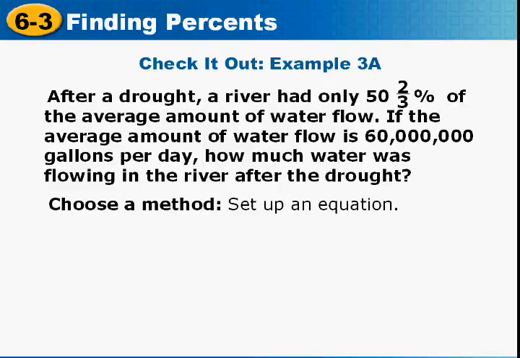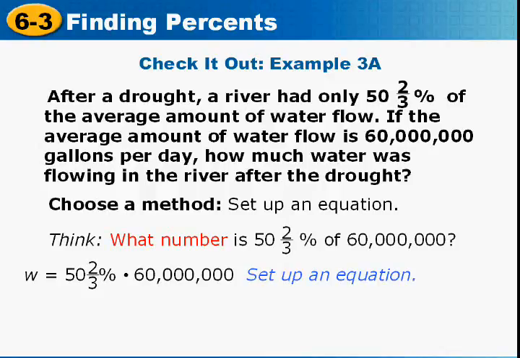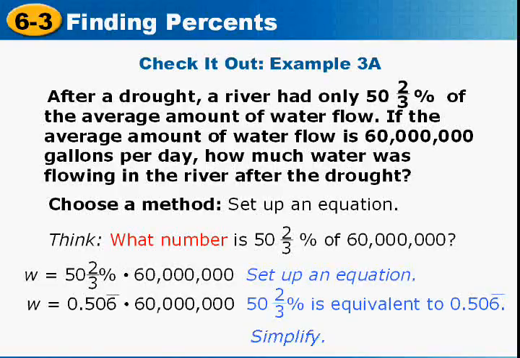So I'm going to set up an equation here. 50 2/3% of the average amount. So what number is 50 2/3% of 60 million? That's what you should be thinking. What number, W, equals 50 2/3% multiplication 60 million? That's our equation.